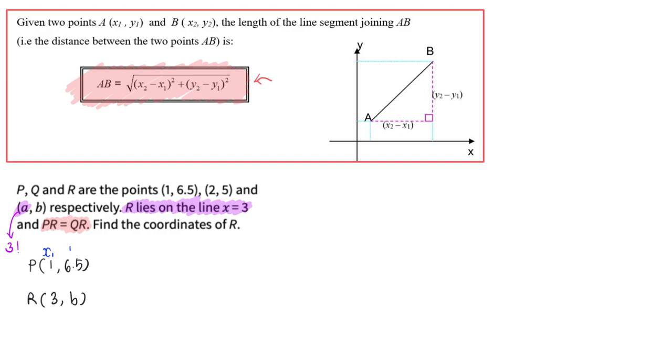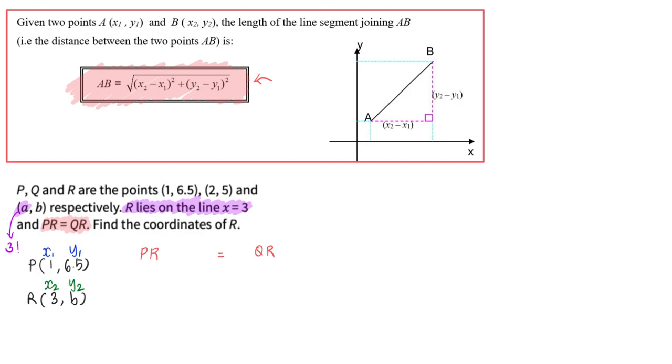So this will be my x1, y1, x2, y2, and then I would be able to form the equation now, where PR is equal to QR.